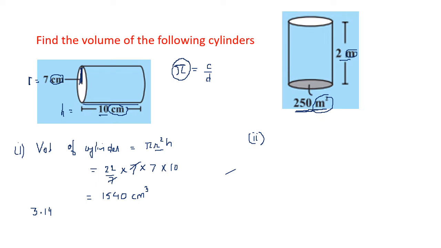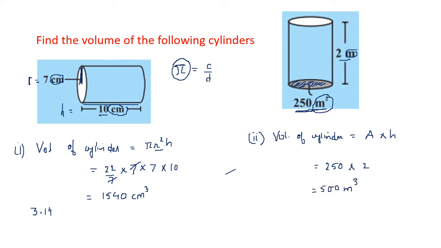But here we are not given the radius, we are directly given the area of the whole base. So which formula will we use here? Volume of cylinder equals area into height. Area is given 250 into 2, that is 500 meter cube.